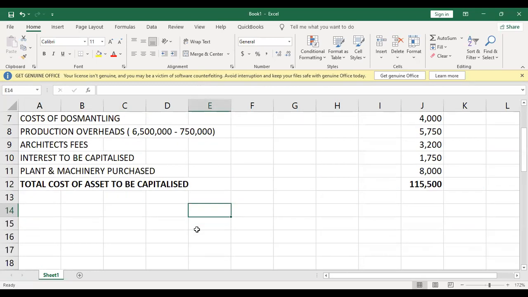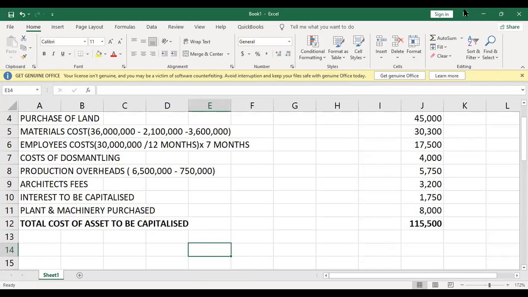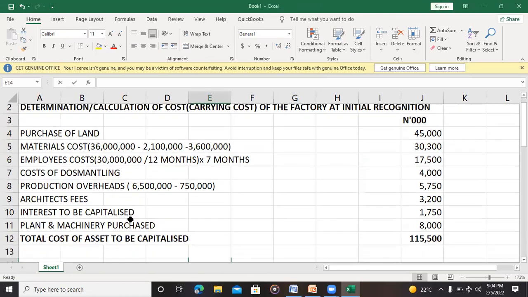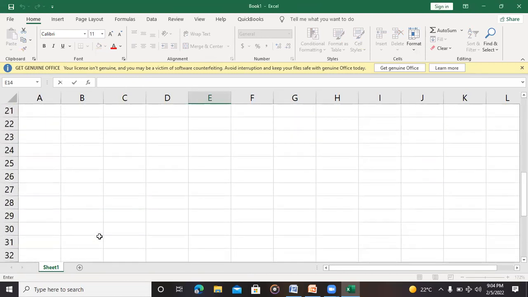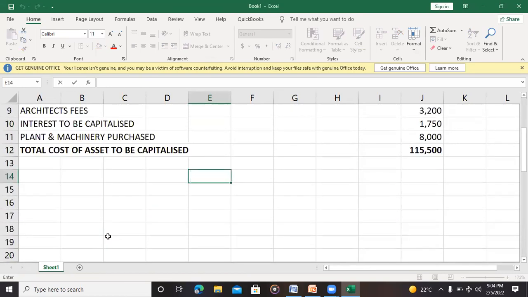I have a question. Okay, sir. There's something I don't understand. In that interest that is capitalized, the interest there, 1,750, you apportion it to 7 months. From the question, I'm not having the paper here with me.